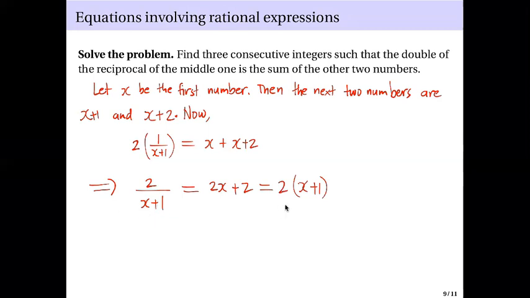And then we can multiply both sides of the equation by x plus 1. So 2 is equal to 2 times x plus 1 times another x plus 1, so x plus 1 squared. And this gives us x plus 1 squared equal to positive 1.